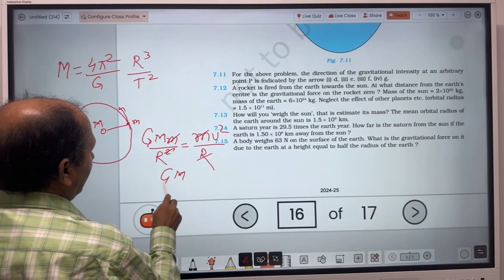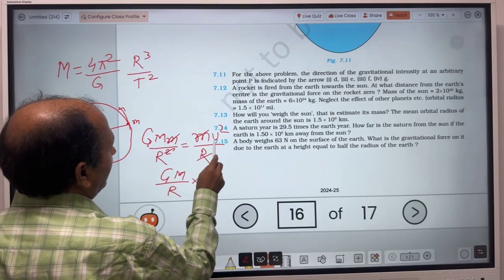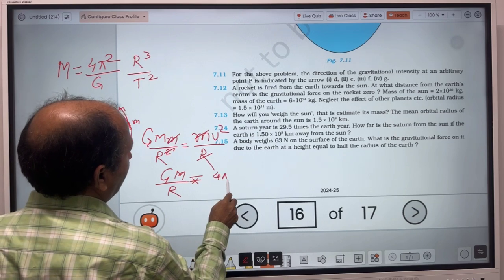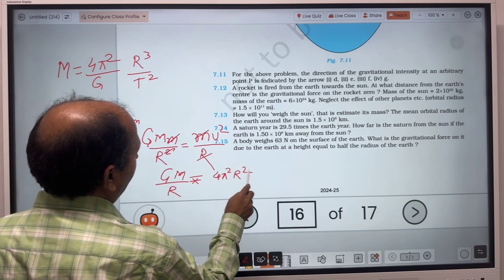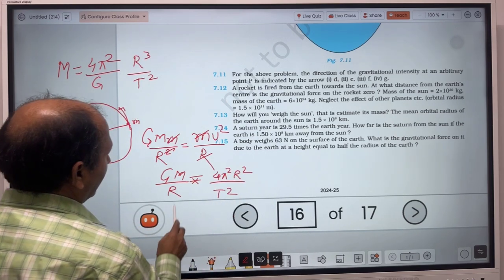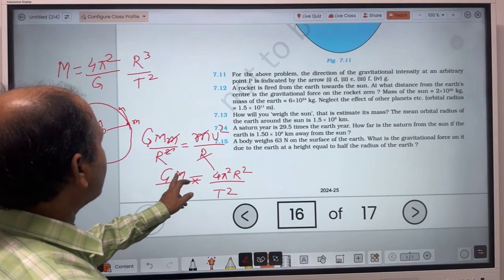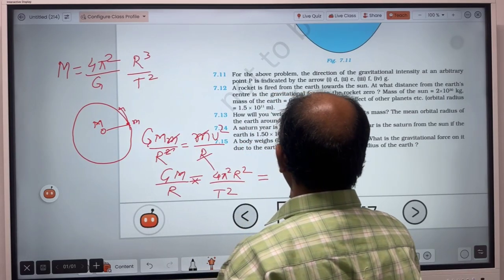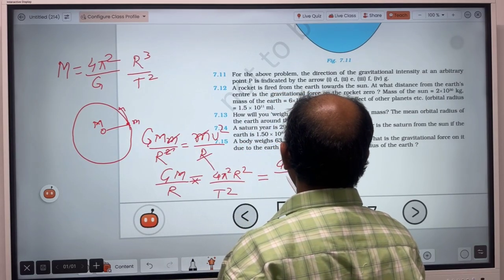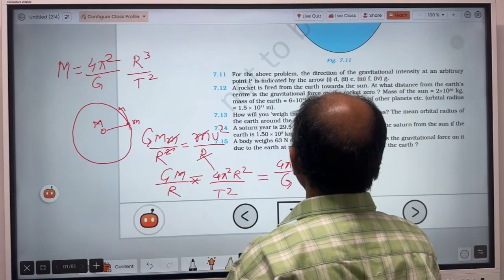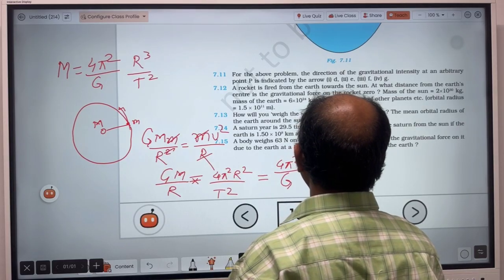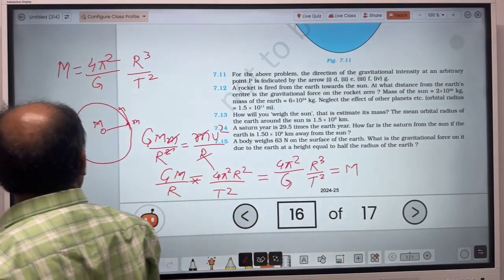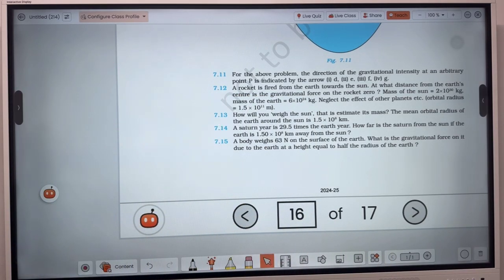So GM divided by R into v is 2 pi R, so equal to 4 pi square R square divided by T square. Now your concern is to get M, so G will go in denominator, so you will get 4 pi square upon G times R cube divided by T square will be equal to M. So that is the basic of the formula.